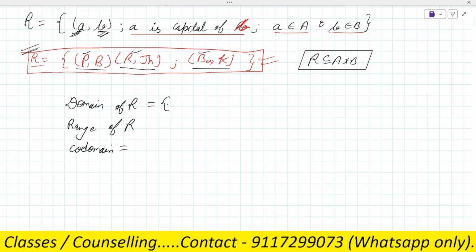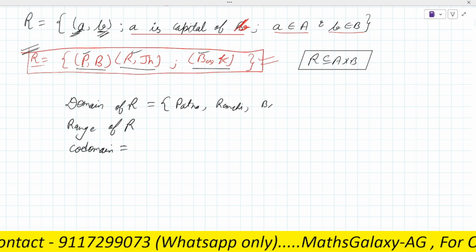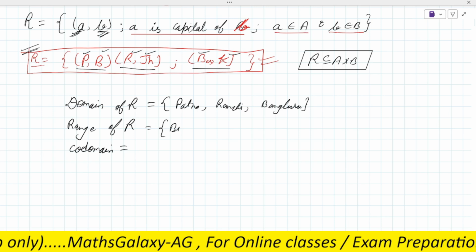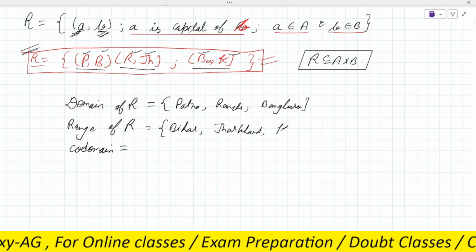As here Patna, so we will write Patna. Second is Ranchi. Third one is Bengaluru. In range, we will write the second elements from each pair. That will be Bihar, Jharkhand, and Karnataka.